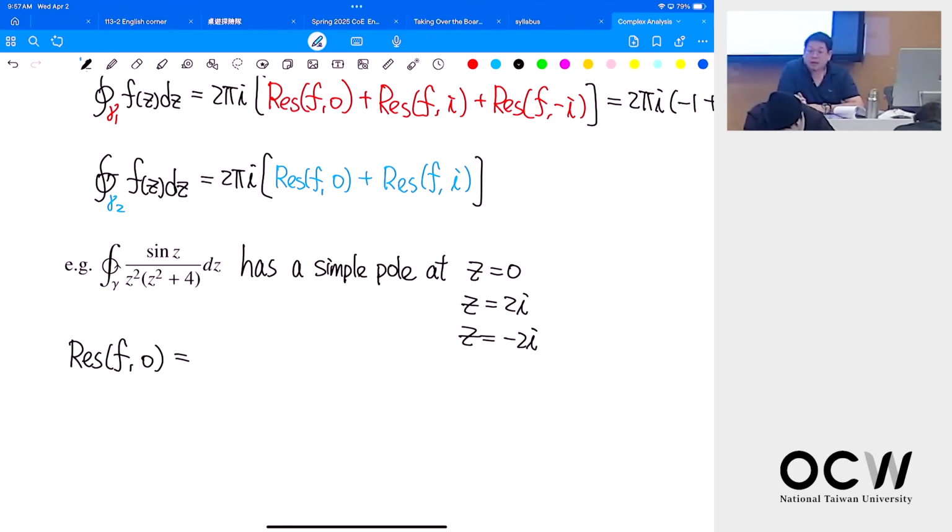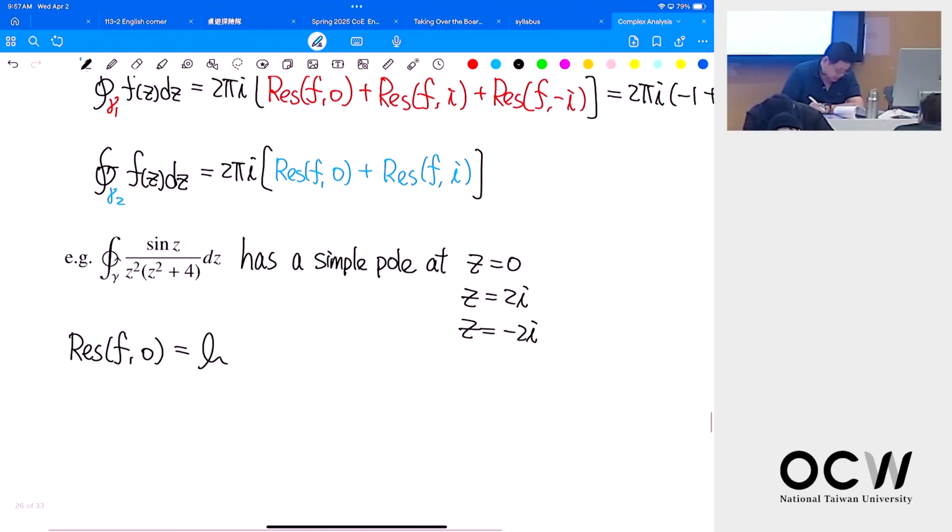How do you find the residue at z equals 0? Limit of z minus 0 times your f of z, as z goes to 0.